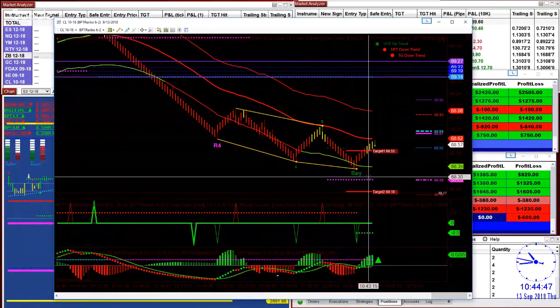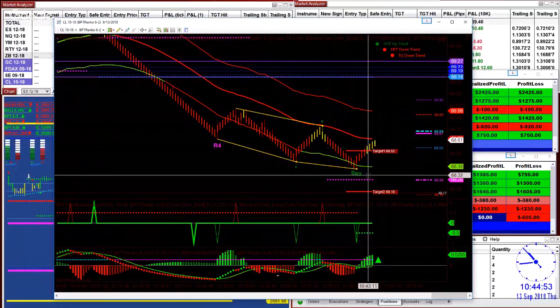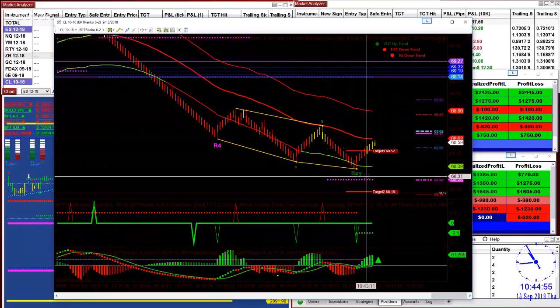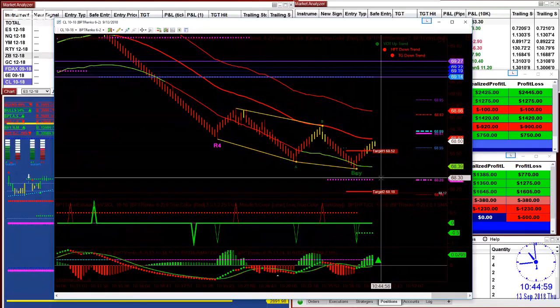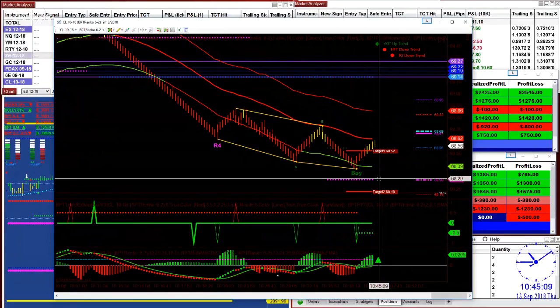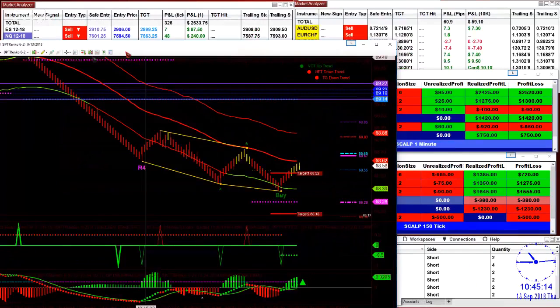And I will stay firm on the 68.30, 68.31. And there is more probability it is going to come down to this area here. We'll keep our eye on it and we'll call that trade for you.